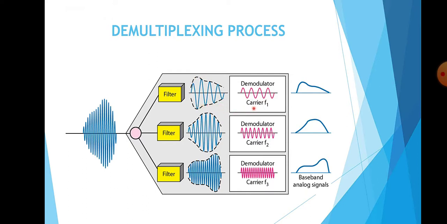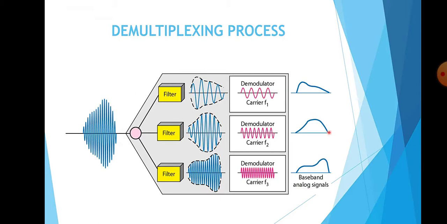The carrier signal F1 can be extracted over here. Next is the carrier signal with frequency F2, then the carrier signal with frequency F3. Finally, the carrier signals are extracted by the demodulator block from the component signals, and that can be passed through as the output in order to get back our original baseband analog signal.